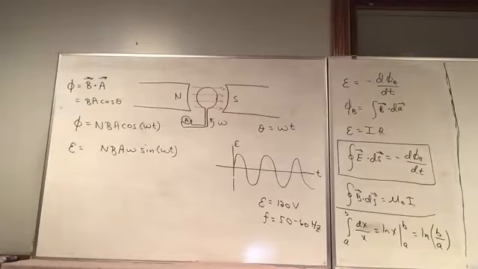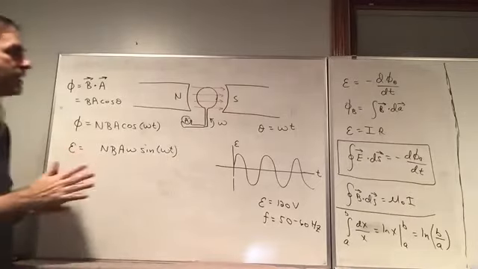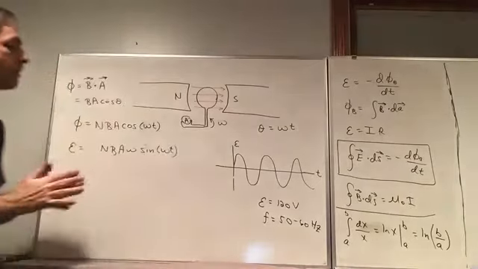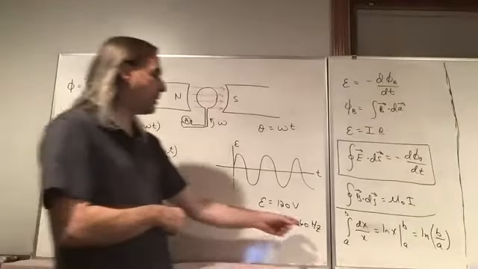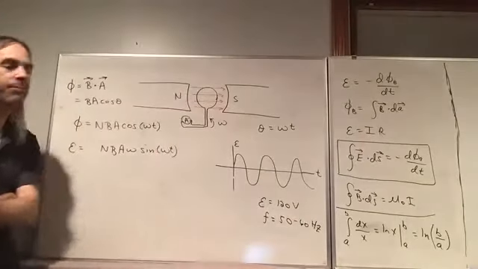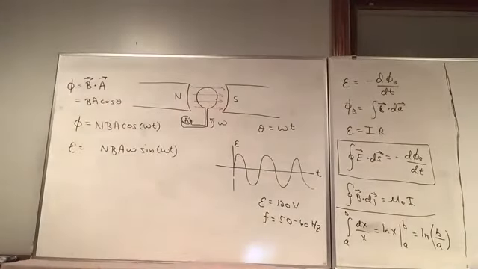Now, I just want to talk about one more thing, since we're on the subject of alternating current. It's constantly changing, and it's changing very rapidly. We're going through 50 or 60 cycles every second. And typically what we're interested in is the average value.